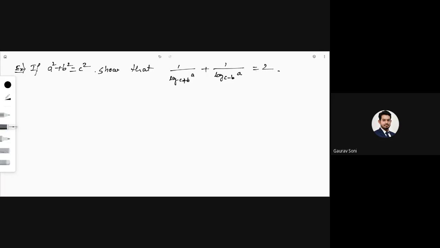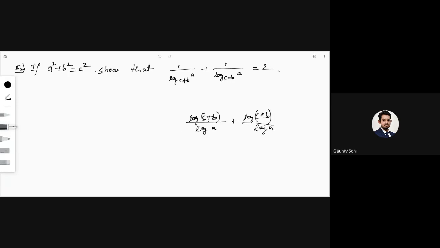Look, initially it will look very difficult. I may not know what I have to do, but from the 'show that' you can take LHS and use the change of base formula. You will get log of (c plus b) upon log a plus log of (c minus b) upon log a.